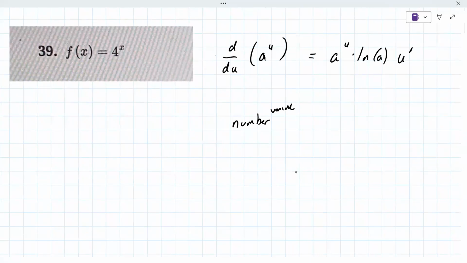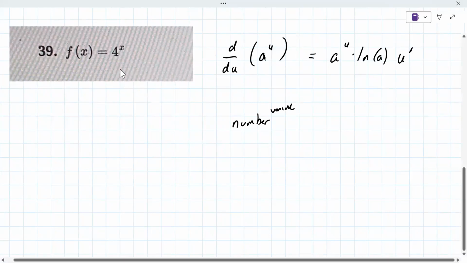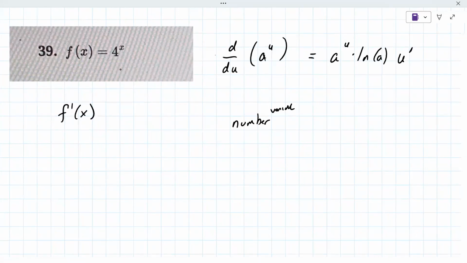We'll see that in the next problem, but the derivative of this one is itself times the natural log of the base. That make sense? Yep.